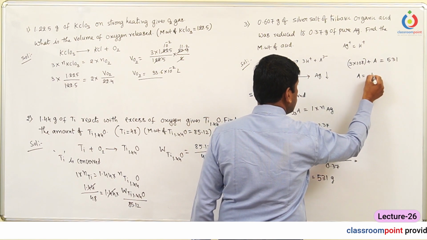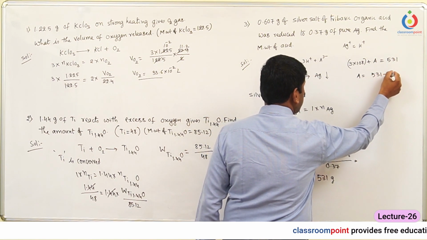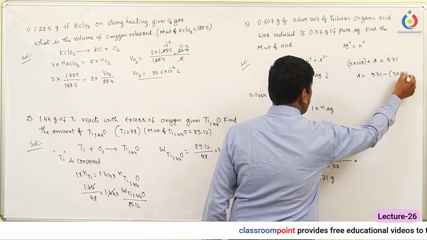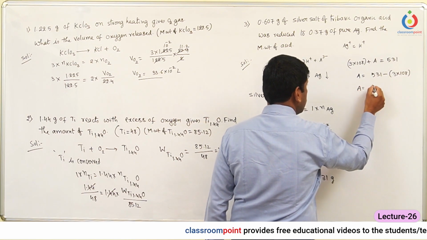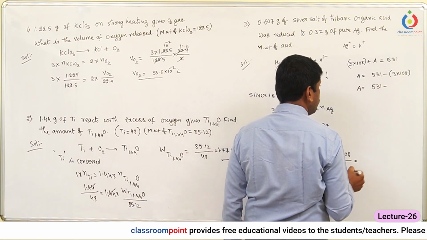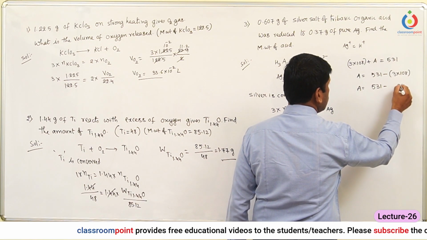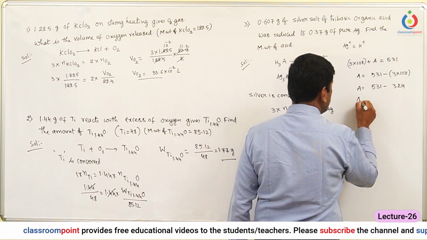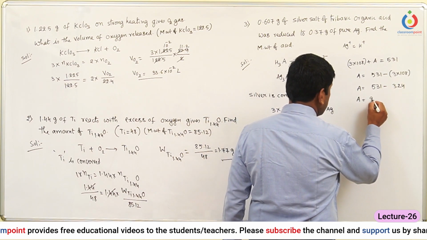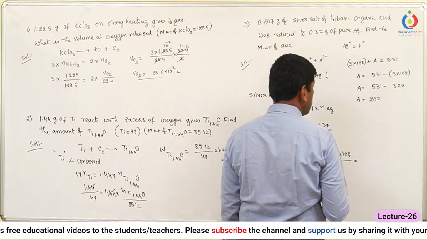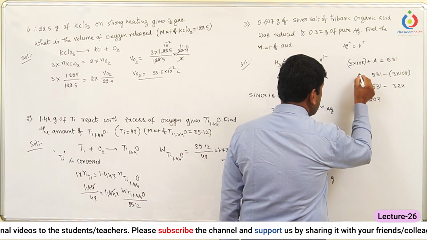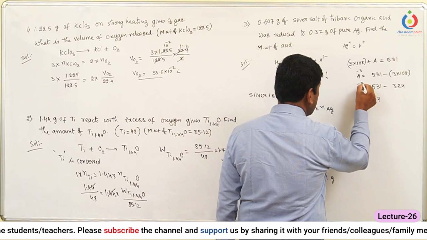So A is equal to 531 minus 3 into 108. 531 minus 324 gives 207. So this 207 is actually the mass of the A3- ion.